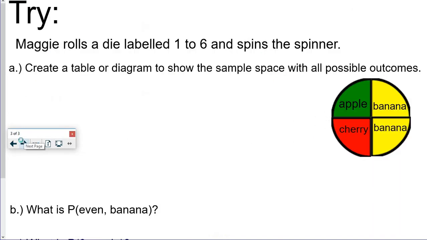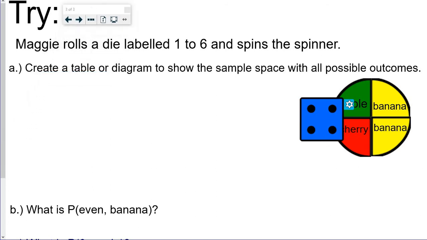So Maggie rolls a die labeled 1 to 6 and spins the spinner. Create a table or diagram to show the sample space with all the possible outcomes. So we have apple, cherry, banana, banana, and we have 1, 2, 3, 4, 5, 6.